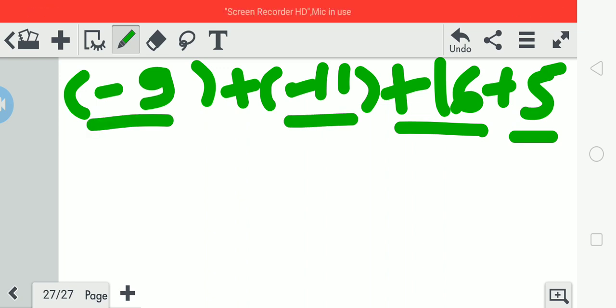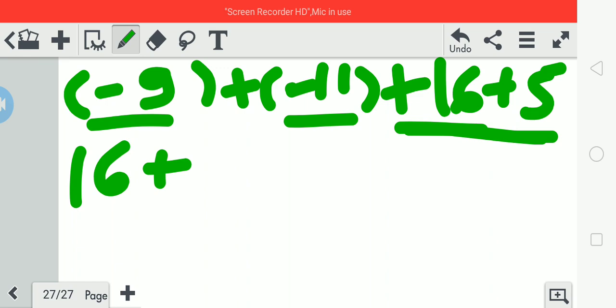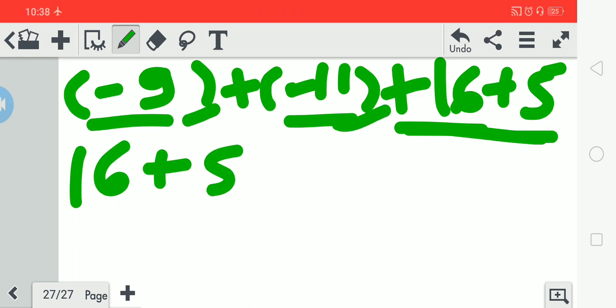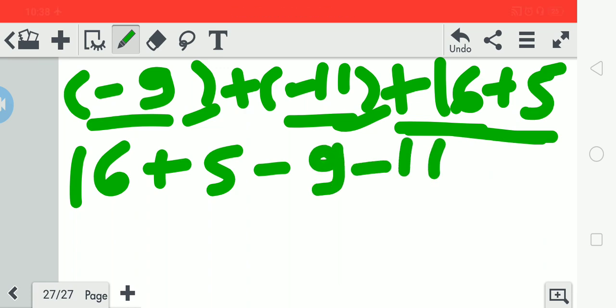Now make two parts, positive numbers one side, negative numbers one side. So positive numbers are 16 and 5, so 16 plus 5. Negative numbers are minus 9 and minus 11, so write minus 9 minus 11.